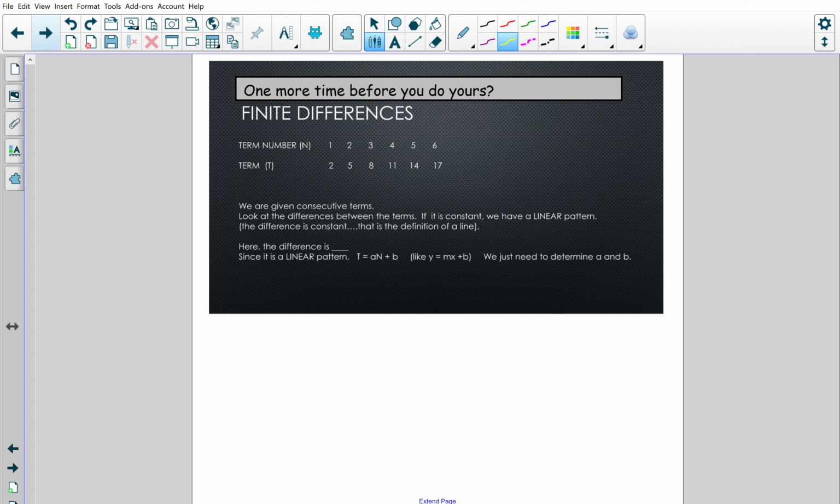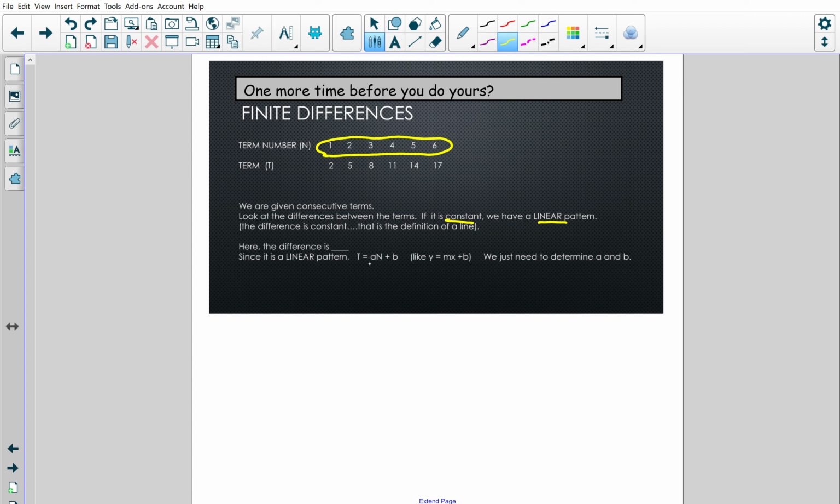If you're given consecutive terms like this, either in a sequence form or in XY table form, if you're given 1, 2, 3, 4, 5, 6, or 0, 1, 2, 3, or -1, -2, -1, 0, 1, 2, etc. If you're given consecutive terms, look for differences in the terms. If it's constant, you have a linear pattern.